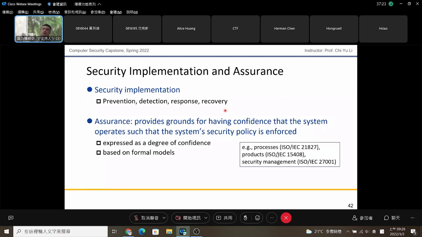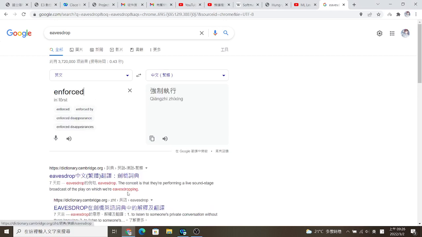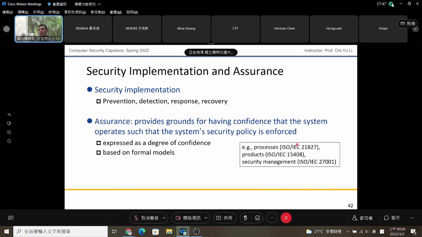Assurance is related to how confident we are that the system operates such that the system security policy is enforced. It can be expressed as a degree of confidence, and can be done based on some formal models. Here are some references, so you can check. But in this course, we will not talk about these formal models, because we already have so many security materials we need to cover.